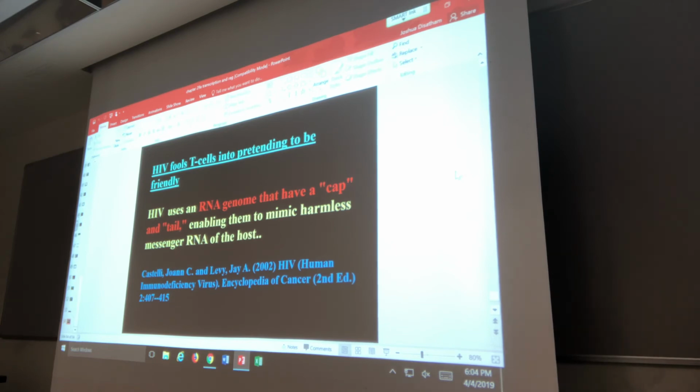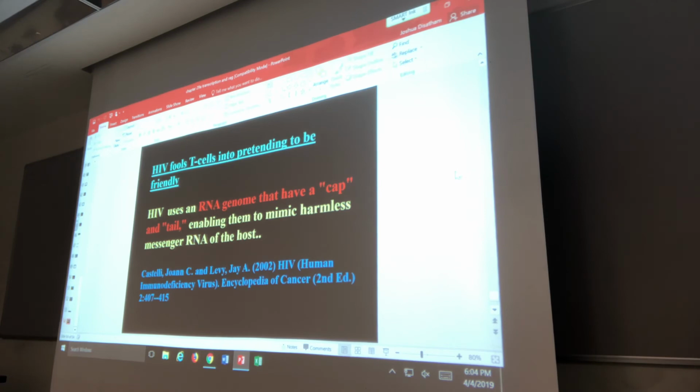That reverse transcriptase is not great. It makes mistakes all the time. Usually, for many organisms, if an enzyme makes a mistake, that's bad. But for HIV, it's an unintentional survival mechanism. The fact that reverse transcriptase makes mistakes as it's reverse transcribing an RNA genome into DNA means that every time HIV uses it, it creates a slightly different genome in the host cell.